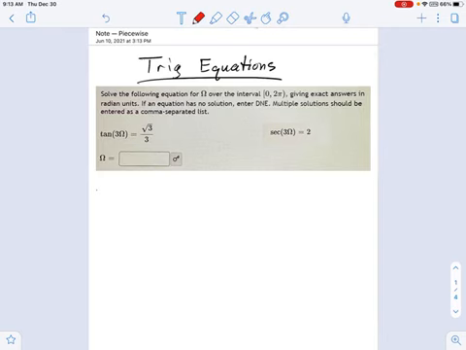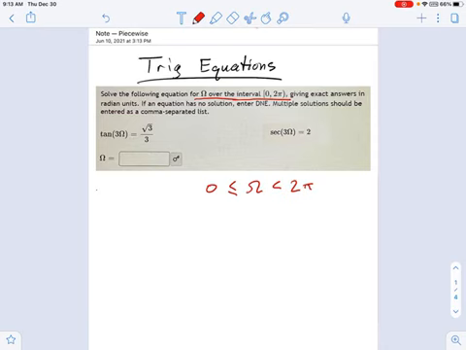There is one additional little piece we have to be aware of, and that has to do with the cyclical nature of trig equations. I want to draw your attention to this part right here, where it says the interval 0 to 2 pi. Well, what's over the interval? It's omega. Omega is over the interval 0 to 2 pi. So if I were to write that out, it would look like this. 0 is less than or equal to omega, which is less than 2 pi.